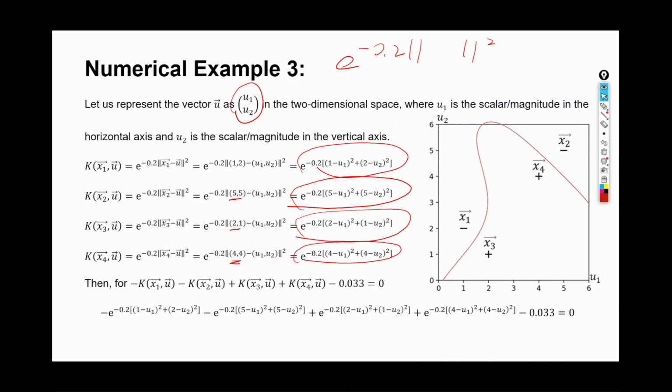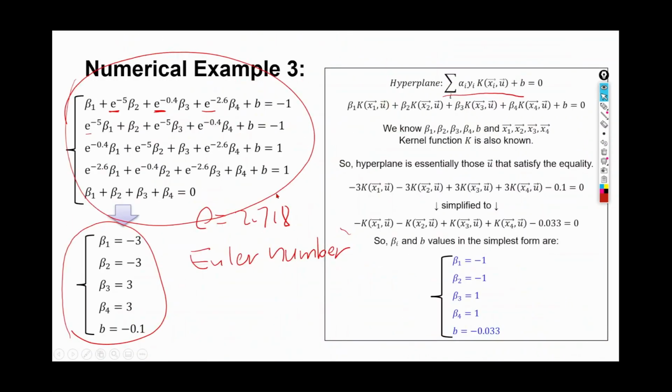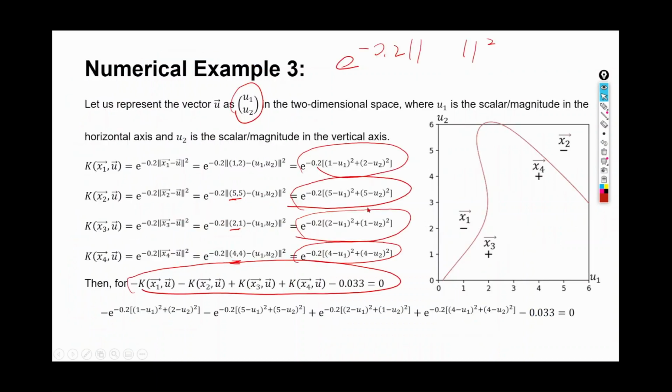And then for this, we know this actually represents the hyperplane, because this was derived from our hyperplane. We substitute all the information we have either known or calculated into this hyperplane expression. So essentially, the hyperplane is made of all those u vectors, all those coordinates, which satisfy this particular equation.